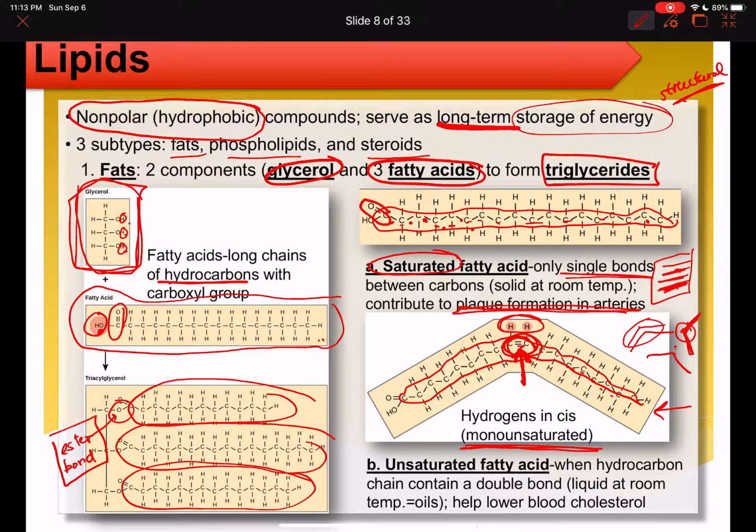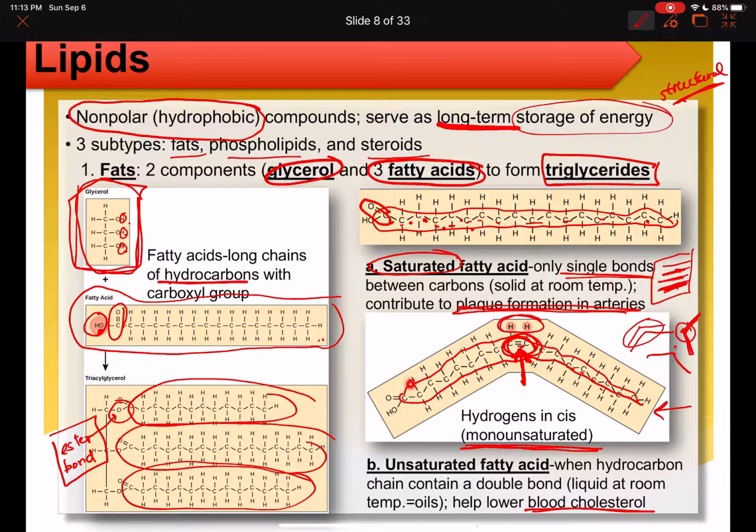unsaturated fat is something that is, technically speaking, pretty good for our body. Okay, there's unsaturated fat. They are liquid at room temperature, so they're not there to form plaques. They're known to help even lower blood cholesterol level, because of their unique three-dimensional shape, with that kink or bend within the molecule.